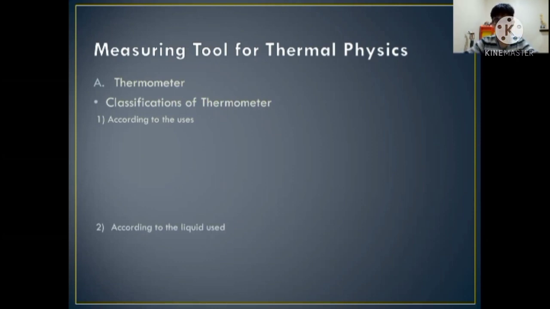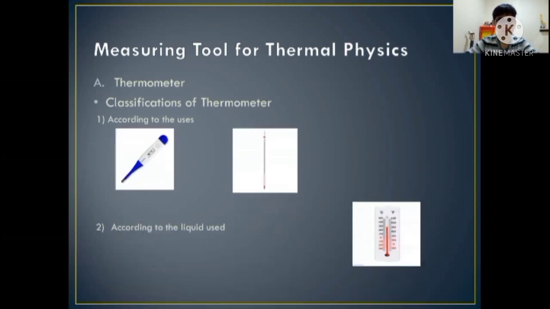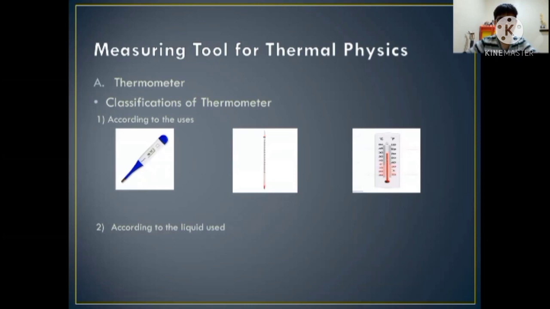Now, let's say here there are three thermometers according to the uses. What do you think these thermometers are? Do you know at least one of them? Right.